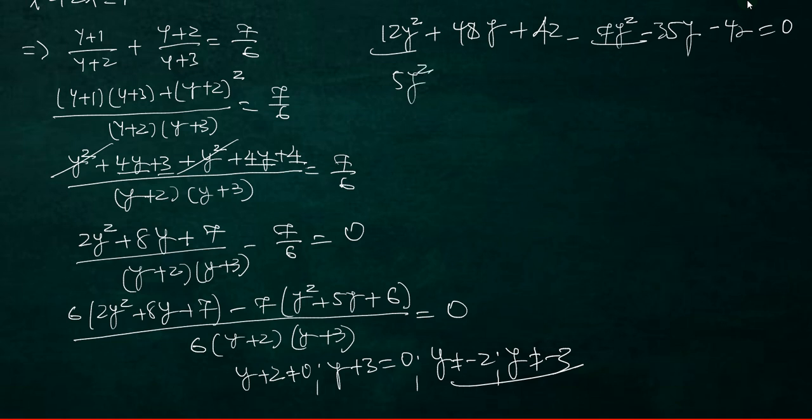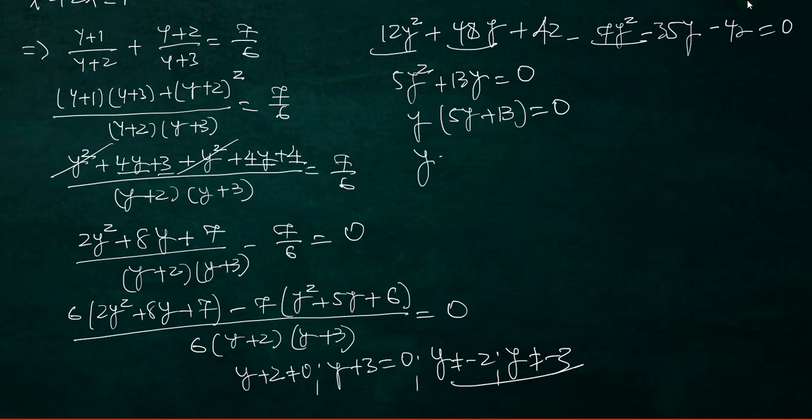And then 48 minus 35, we're going to have plus 13y, and this is equal to 0. So from here, we can say that y multiplied by 5y plus 13 is 0.